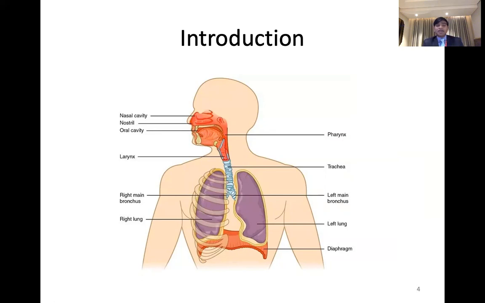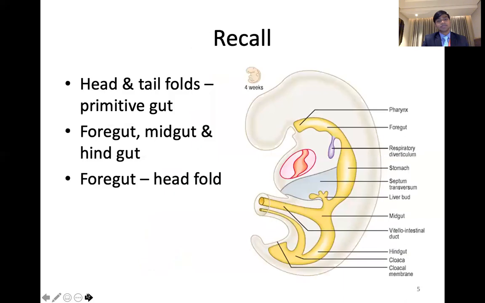The trachea, otherwise called the windpipe, is made up of cartilage and muscle, and it is lined by the mucous membrane. Whereas the esophagus, which is just posterior to the trachea, is a muscular tube. Now, when we recall the formation of the foldings, we have the primitive gut.